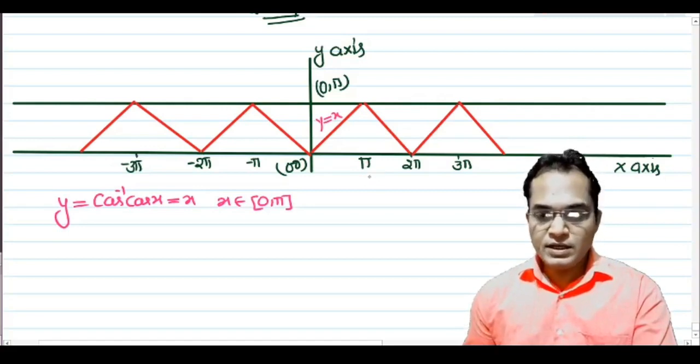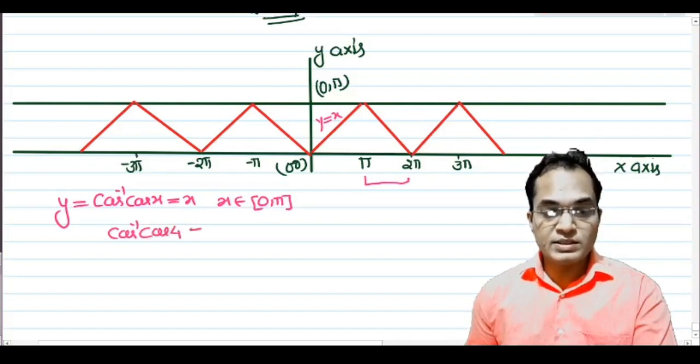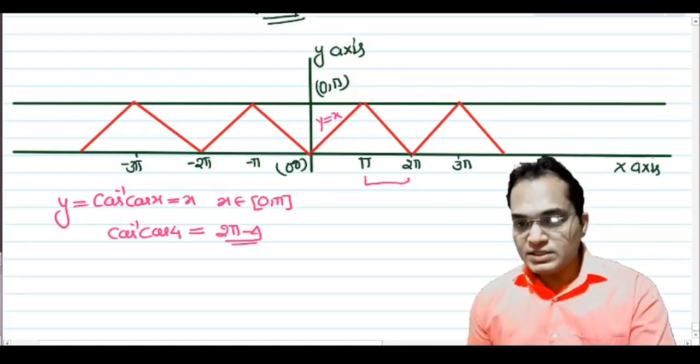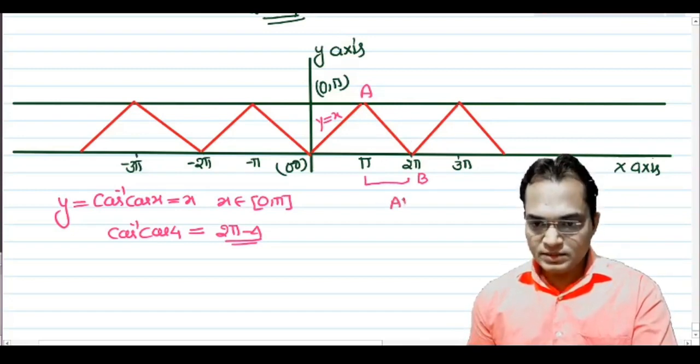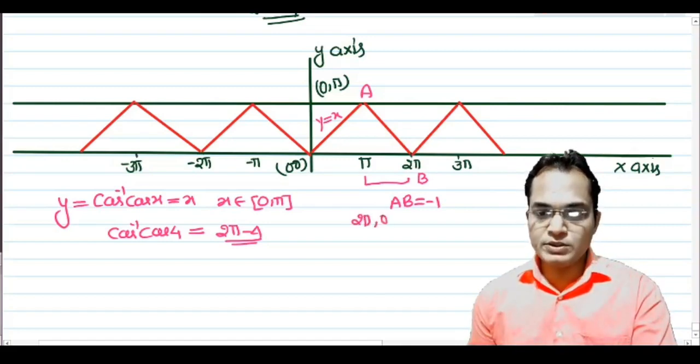And further, if we observe the region pi to 2 pi, for example cos inverse cos 4, then what will be the answer? It is 2 pi minus 4. Yes or no? How does this 2 pi minus 4 come? Let us name the lines A and B. This line has a negative slope, means the slope is minus 1, and the point is 2 pi comma 0.